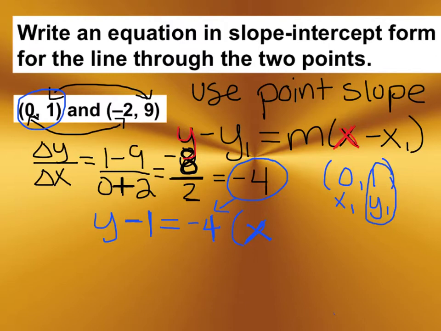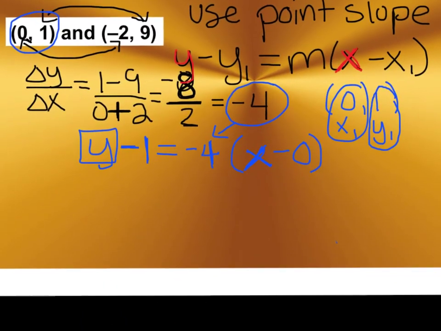They don't change. We don't put values in for those x's and y's. And we're going to have x minus my x1. My x1 in this case is that nice 0. Now that I have parentheses, I just solve for y. I get y isolated because when I get y alone, I get slope-intercept form. Let me go ahead and move my screen up a little bit so you can finish.